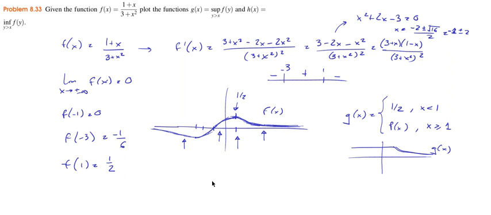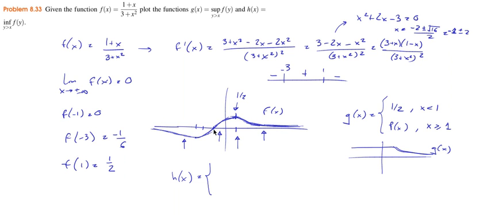Now what happens with h? h is going to be the same thing: the infimum of f for y greater than x. And as you can see, if you're here, the infimum of this set is going to be 0. If you start here, it is going to be 0.